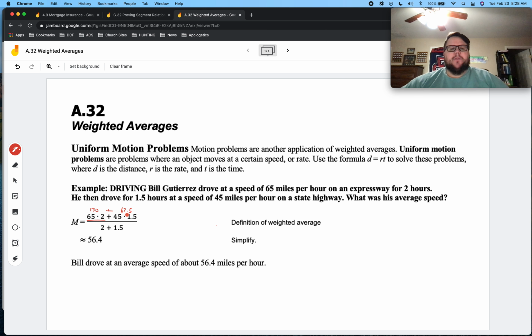So you add up the total miles and you divide by the total time, 3.5 hours. So that's 197.5 divided by 3.5, which is 56.4 miles per hour. So that's his average rate, his average speed during that time.